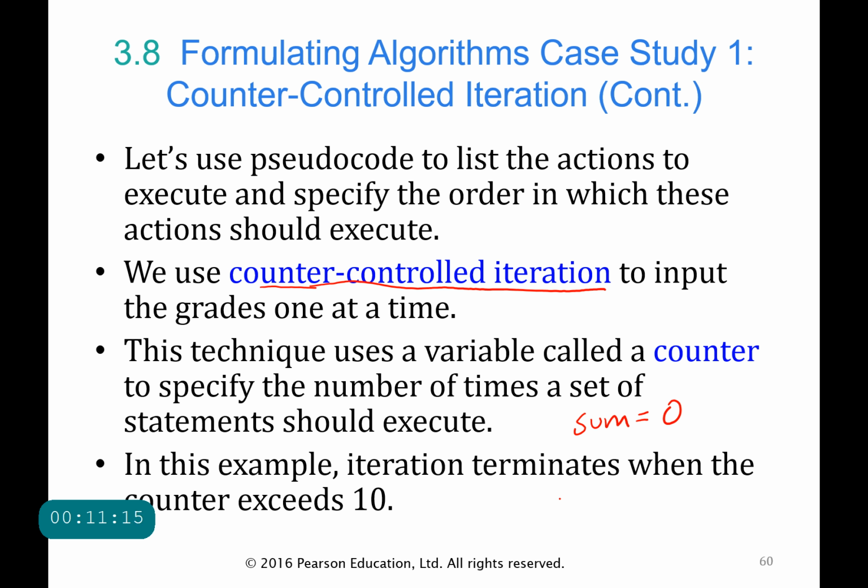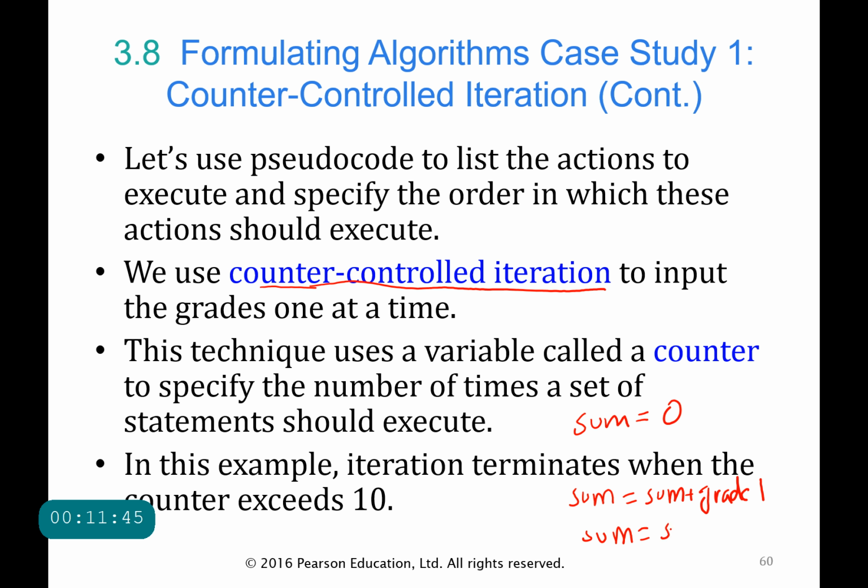And then what you could do is go and ask the user to enter the first value of grade, and then add sum to the first value of the grade that the user enters. So now your sum is 0 plus grade 1. Then you go ahead and repeat this, and in the next iteration you ask the user to enter grade 2.